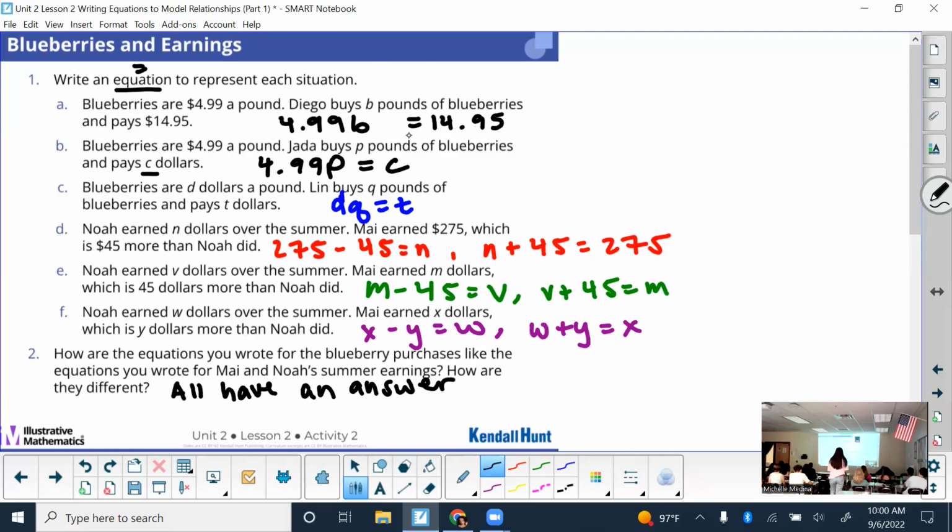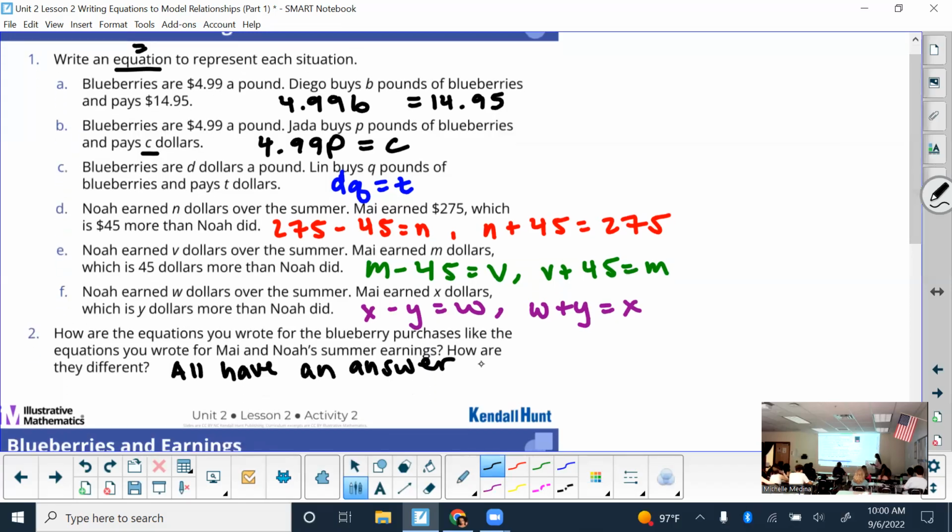So we're talking about what's similar between all of these. They all use variables, right? What are variables? The letters. Don't they all start with mostly numbers and then end up becoming all variables? But can't you still tell me what each part means?